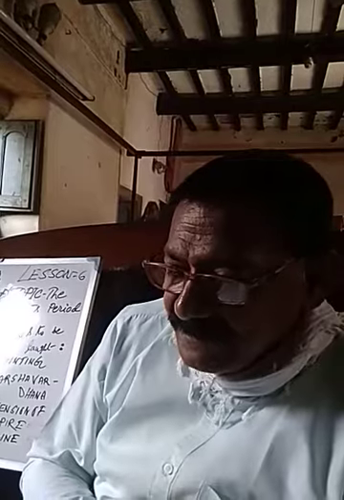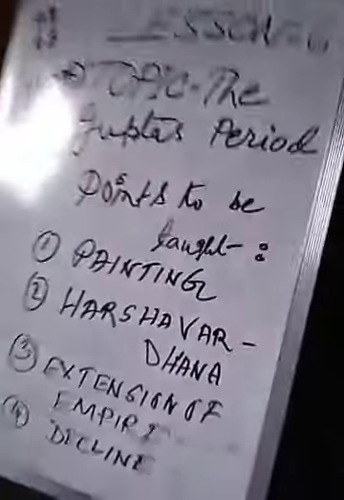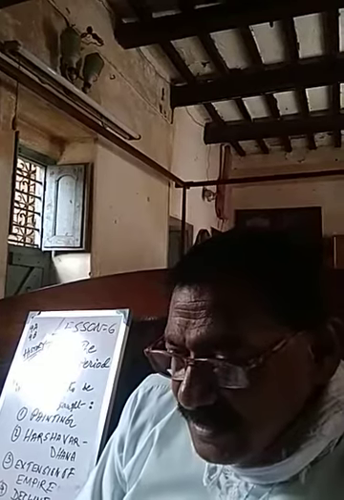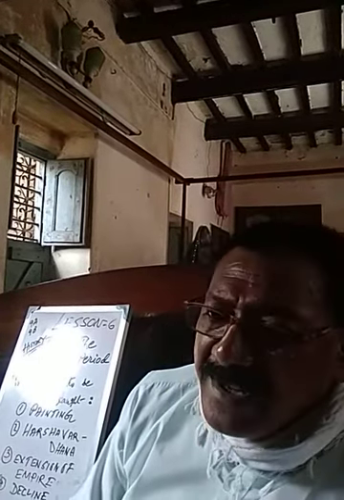Now, the next part is the rule of Harshavardhana. Who was Harshavardhana? Harshavardhana came to power after the fall of the Gupta Empire. The Hunas disintegrated the Gupta Empire.